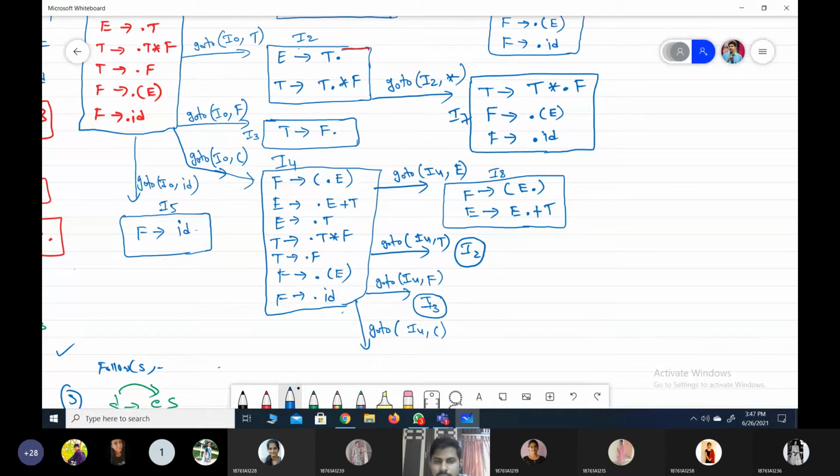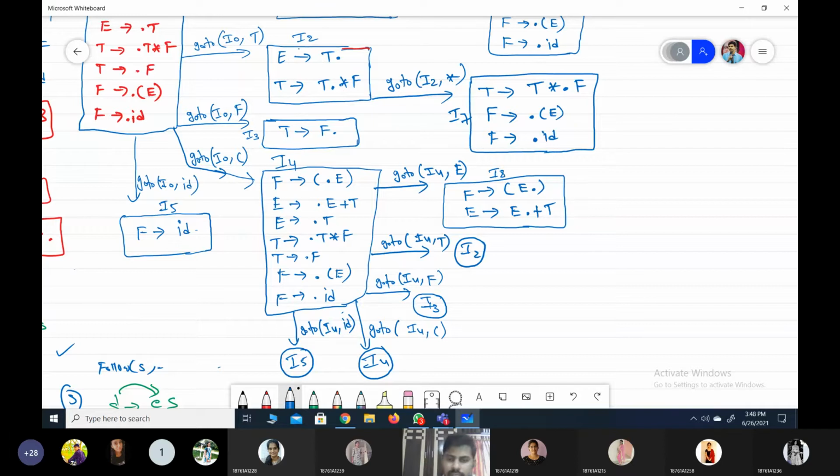After the dot, E is immediately available, so the E productions have to be added. It is the same state, I4 only. And on I4, if ID is applied, which state are we moving to? I5, sir. So if any state occurs repetitively, then write down that state number itself.